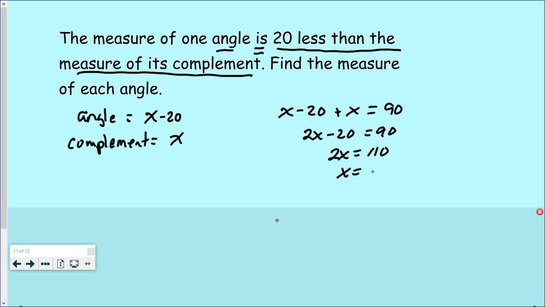X equals 55. So the complement is x, so it would be 55. Our angle would be x minus 20, so 55 minus 20 is 35. And these two add to equal 90. So we are confident that we found the angle, 35, and its complement, 55.